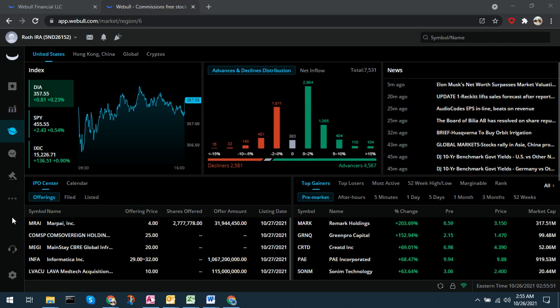In this video, we'll show you a couple live examples of how we've used portions of this Markets tab in preparing our weekly game plans. Then I'll go into more detail about some of the other features available on the Markets tab in Webull.